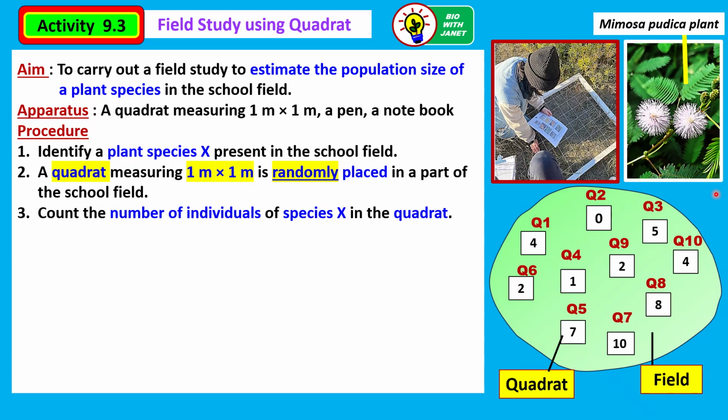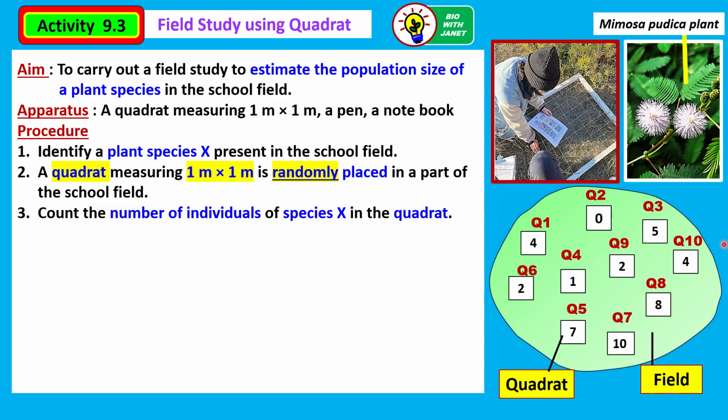Then a quadrat measuring 1 meter by 1 meter is randomly placed in part of the school field. So randomly placed, that means you don't plan to place it at a specific spot. You just put it there, okay, quickly and without preparation. And in Malay we say secara rawak. All right, this is very important for the field study to be accurate and successful.